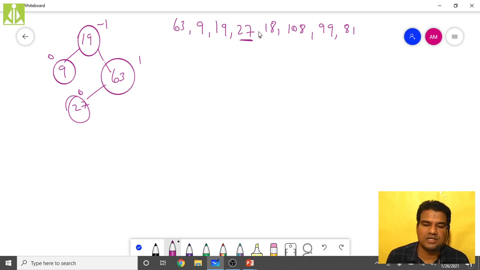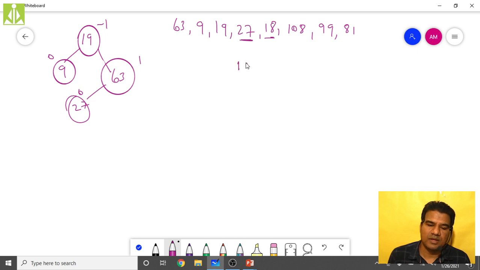So again what we have to do, we have to insert 18 into the AVL tree. Start comparing this 18 from the root node, 19 with 18, it is smaller, so move in this direction, compare 18 with 9. It is greater, so insert that 18 as the right child over here.